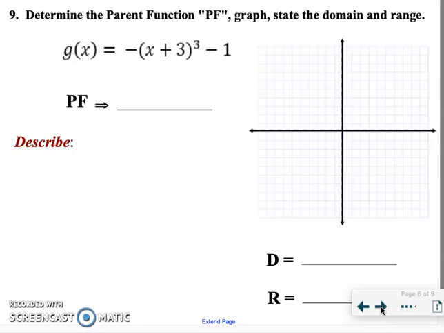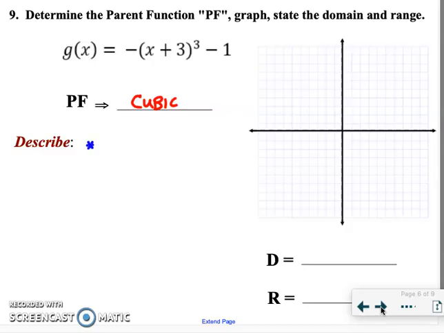We can see here, g of x is equal to negative quantity x plus 3 cubed, minus 1. Hopefully we're feeling pretty good about recognizing the parent function because of that cube, x to the 1 over 3. This is going to be the cubic function. We want to describe the transformation. As soon as I see this negative out front, I know that's not part of the cubing that's happening.